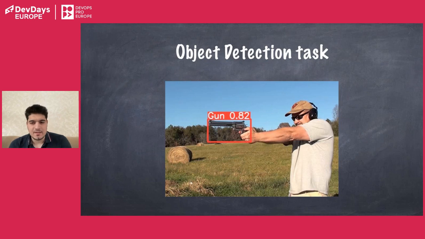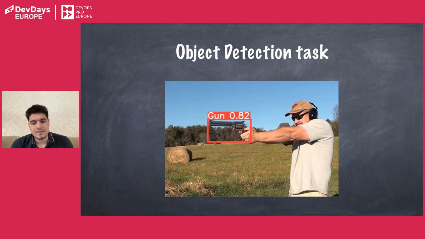It would be really expensive to have a lot of security guards watching every security camera. So it would be nice to have a neural net which can process video streams from all cameras and send an alert if anything suspicious is happening. That's an object detection task, by the way.